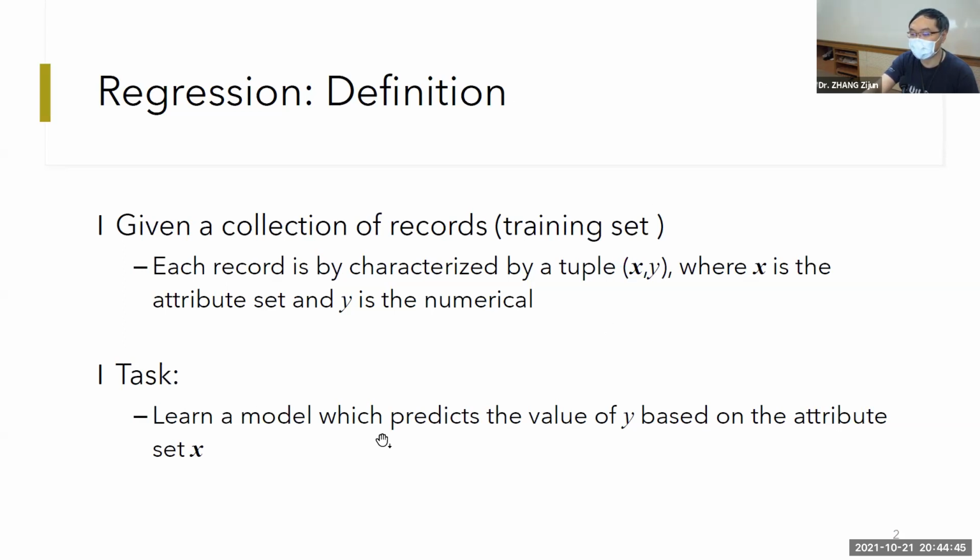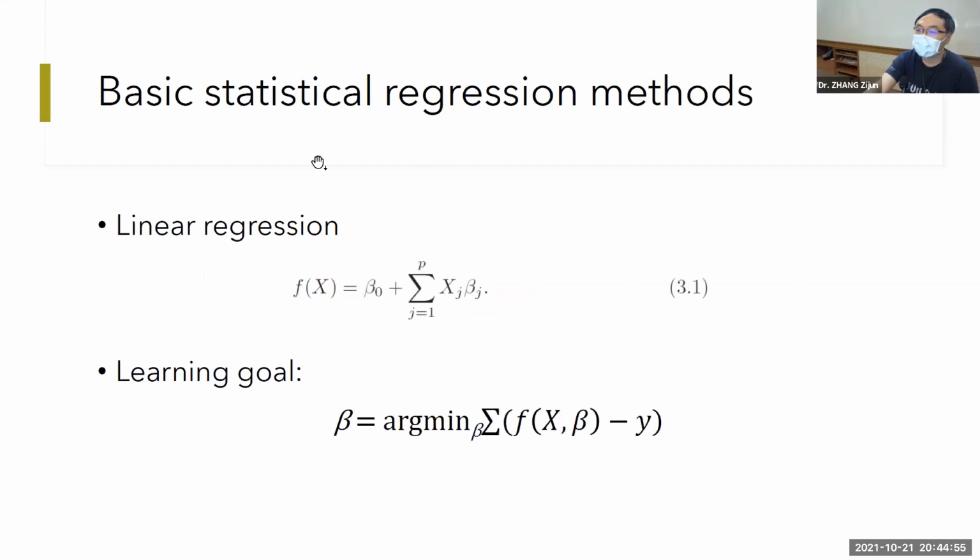So what you want to do is learn a model structure which predicts the value of Y based on the value of X. I guess everyone knows linear regression, right? Linear regression has a very basic form.